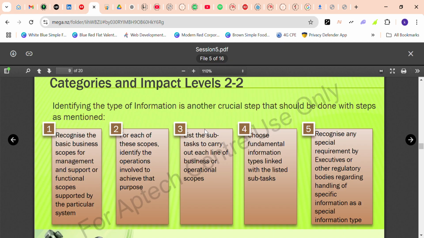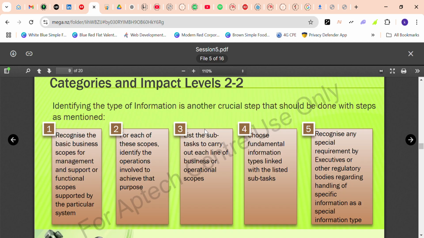And then list the subtasks to carry out each line of business or operation scope. You have to list all the tasks they perform. Number four, choose the fundamental information type linked with the listed subtasks. Number five, recognize any special requirements by executives or regulatory bodies regarding handling of specific information as a special information type.